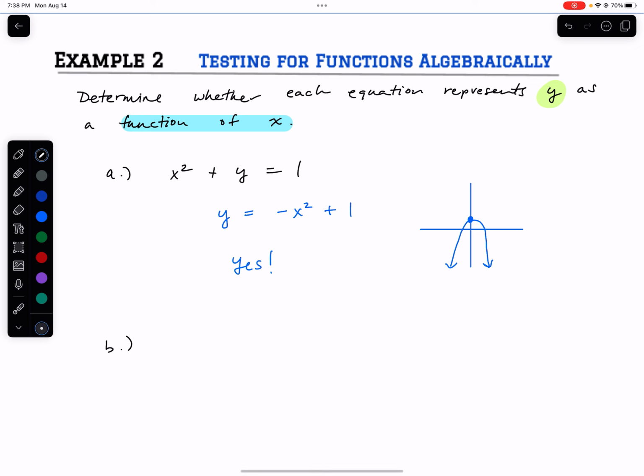For B, we have negative x plus y squared is equal to 1. Well, to solve for y, I'm going to move the x first. So I'm going to have y squared is equal to positive x plus 1. And then to get rid of the square, I'm going to square root both sides.